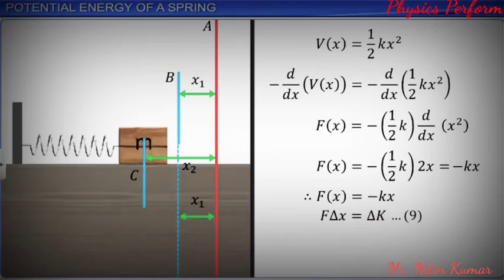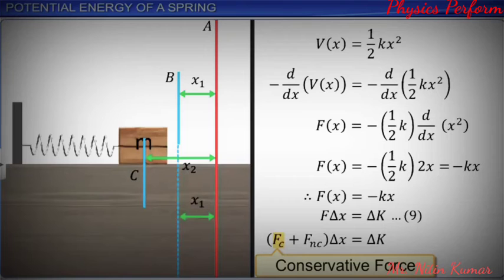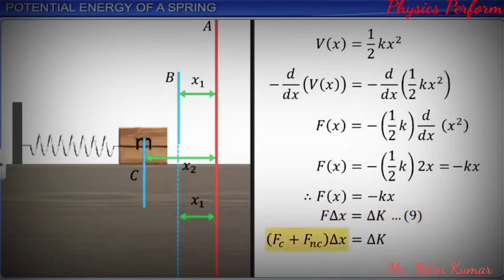Now, if the forces acting on the body include both a conservative force Fc and a non-conservative force Fnc, then equation 9 can be written as (Fc + Fnc) Δx is equal to ΔK. Let this be equation 10. Simplifying, we get Fc Δx plus Fnc Δx is equal to ΔK.